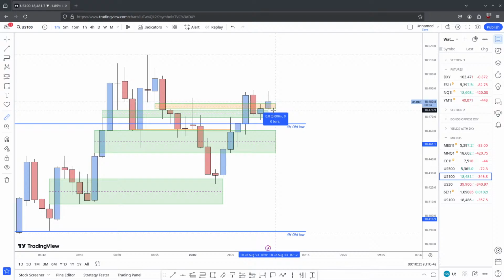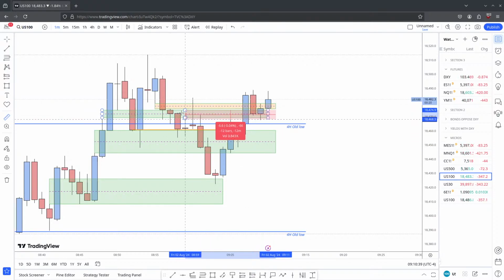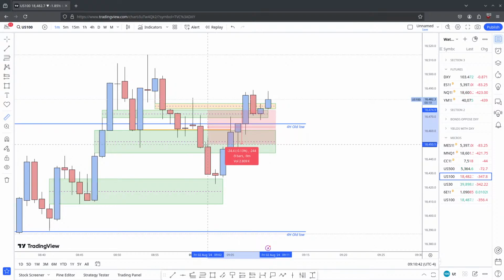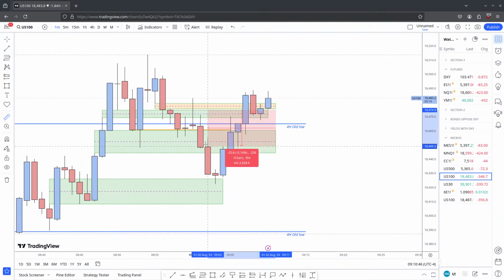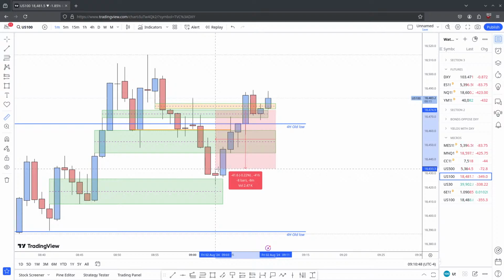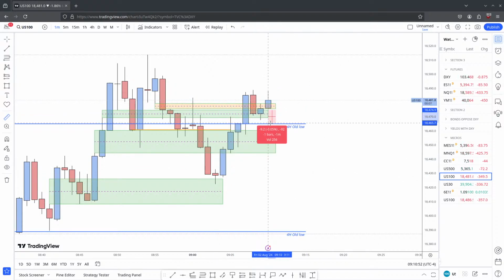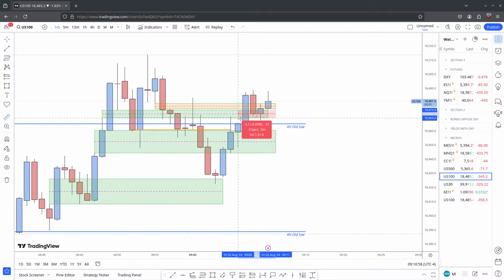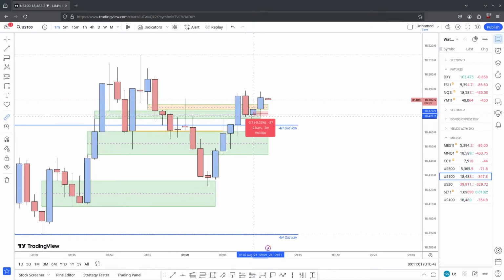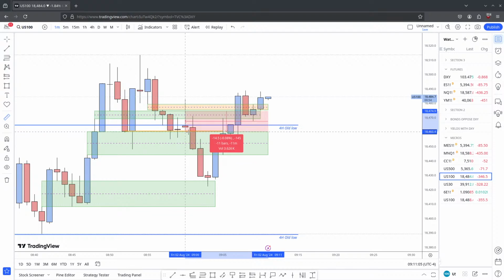Then you have this fair value gap. You got the inversion, obviously, as well as this lower fair value gap, which is like 22%. So it's quite a hefty stop. We could also look at the inversion, this small little fair value gap, which we did trade into here, as well as this fair value gap.